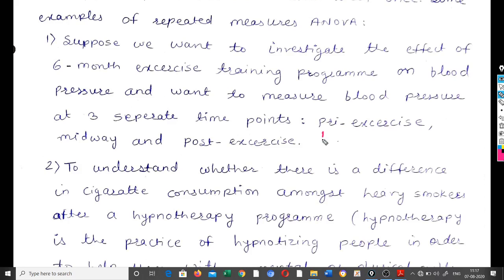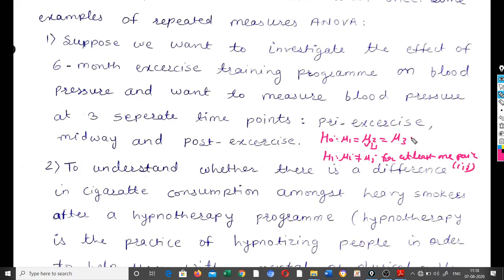Actually, we are testing H naught: mu1 is equal to mu2 is equal to mu3, where mu1 is the blood pressure mean before the exercise, mu2 is the mean after 3 months, and mu3 is the average blood pressure after 6 months, versus H1: mu i is not equal to mu j for at least one pair i, j.